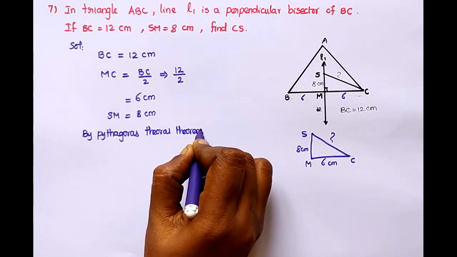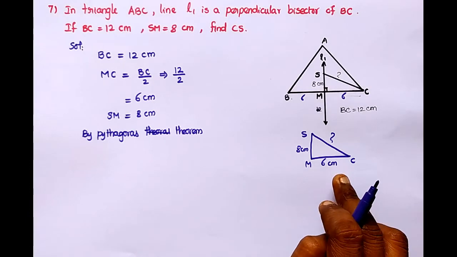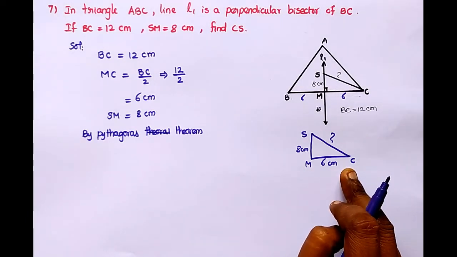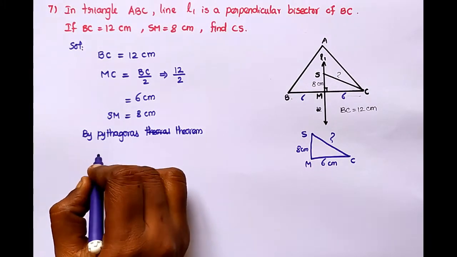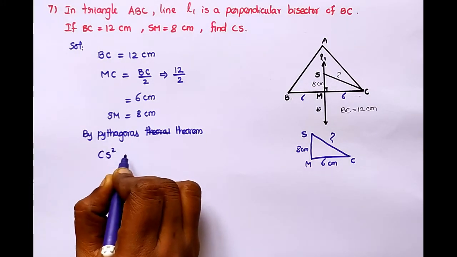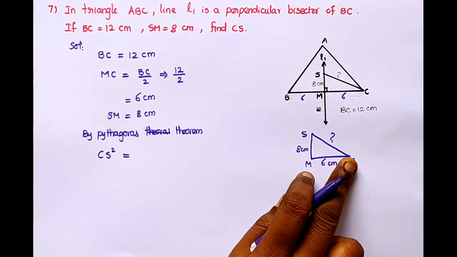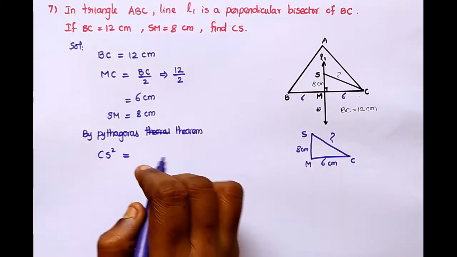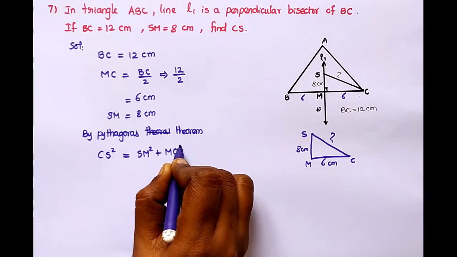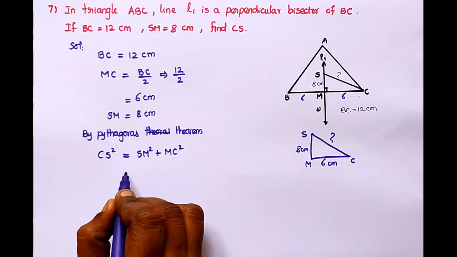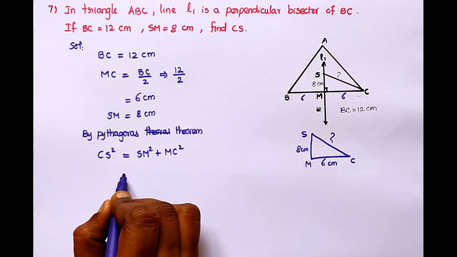listen, CS is the hypotenuse. So CS squared equal to hypotenuse squared equal to opposite squared, that is SM squared plus MC squared. CS squared we don't know.